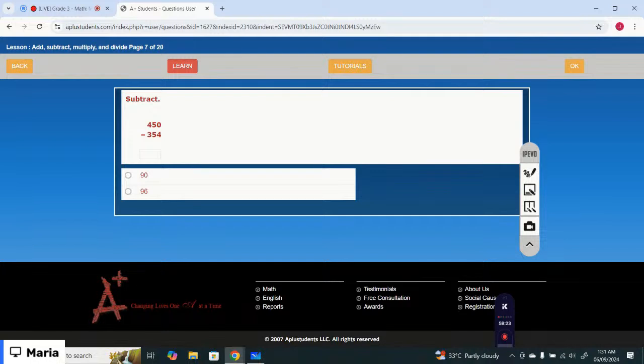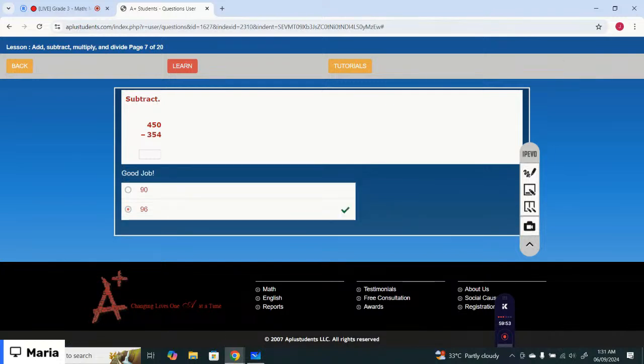Then 450 take away 354, which is the correct option? That is 96. It is very good. Option number 2 is the correct option.